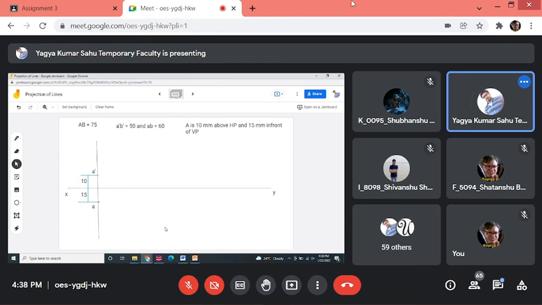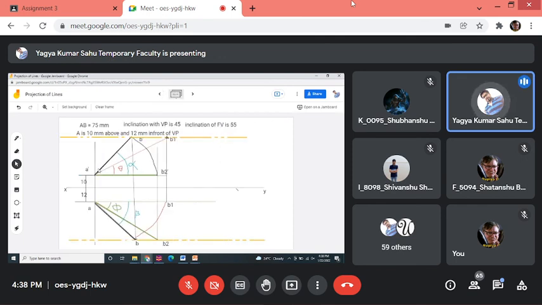See यहाँ पे देखो. See in this figure. A dash B dash straight line. We know the dimension. We know the length. AB2. Okay. We have the length 75. A dash B2 dash. We have the length 50. Can we draw this too easily?